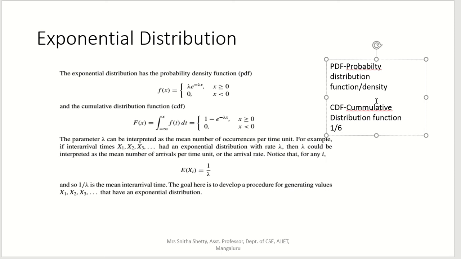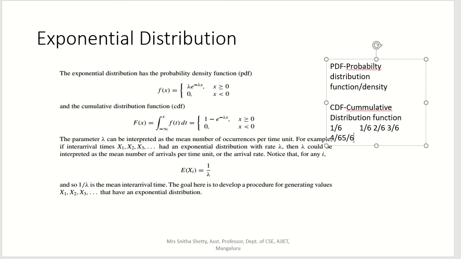So what is the cumulative distribution function? The probability of 1 is 1 by 6. The probability of 2 is 2 by 6. The probability of 3 is 3 by 6. The probability of 4 is 4 by 6. The probability of 5 is 5 by 6.